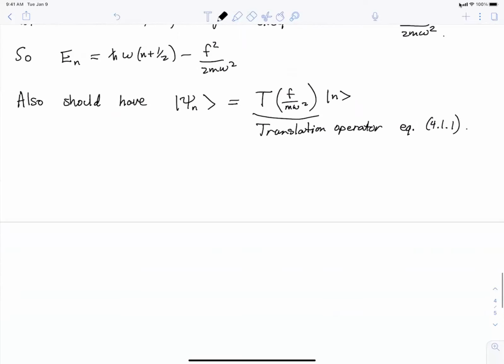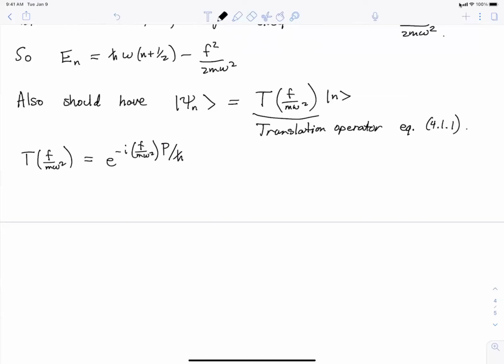Okay, and if you look back at that equation, you can compute what it is. So it's the exponential of minus i times the amount by which you're translating times the momentum operator divided by h bar. And in this example, we were expanding in small f.